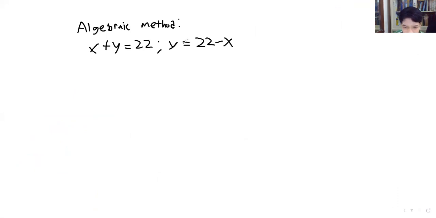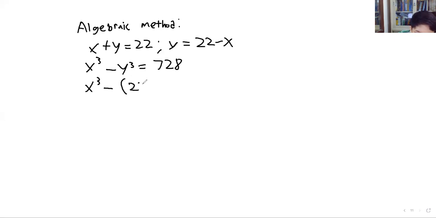We also saw that x cubed minus y cubed equals 728. So let's substitute this value for y. So x cubed minus (22 minus x) all cubed equals 728.